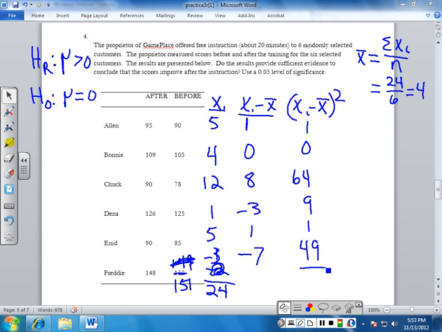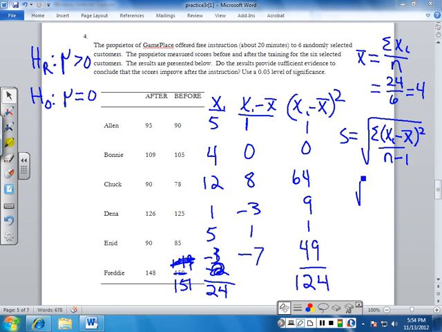You guys get 124 for that. And so the sample standard deviation is the square root of the sum of the squared deviations divided by n minus 1.